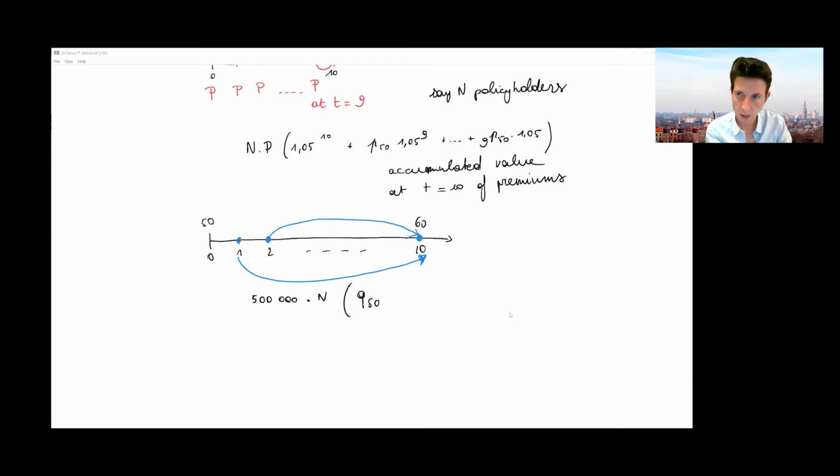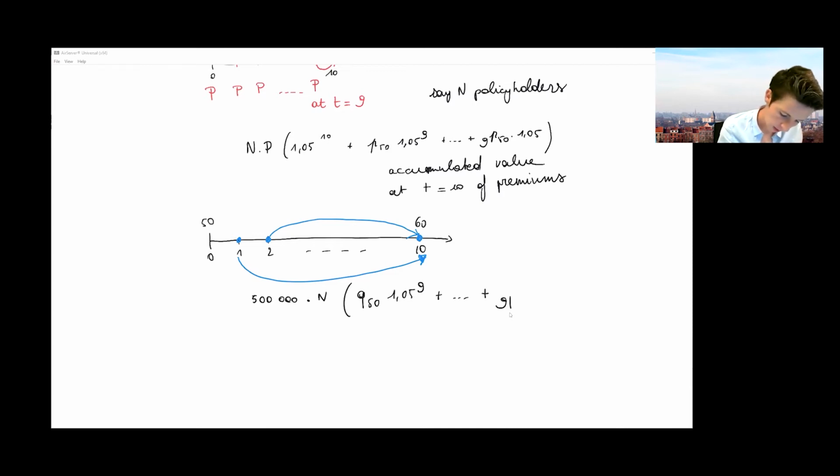And for them, I will pay the death benefit of 500,000 euro at time 1. So if I value this at time 10, I need to multiply with the 9-year interest, or the 9-year inflation factor. So that's 1.05 to the power 9. And I can continue like that.